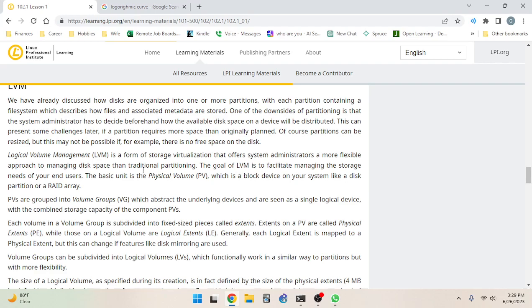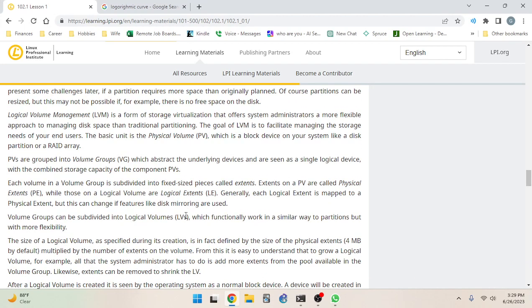Each volume in a volume group is subdivided into fixed sized pieces called extents. Extents on a physical volume, PV, are called physical extents, PE, while those on a logical volume are called logical extents, LE. Generally, each logical extent is mapped to a physical extent, but this can change if features like disk mirroring are used.